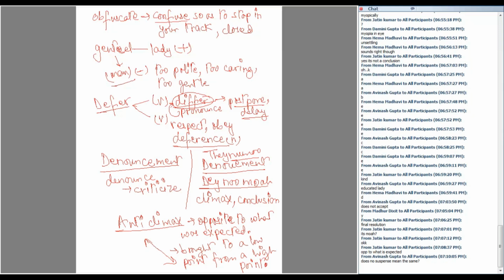You have such high expectations from those movies. You feel that this movie is going to do a business of 1,000 crores, and when it opens in an anticlimax, what happens? It does a business of just 2 crores. It does not even recover the hero's salary. So it is exactly opposite to what was expected.